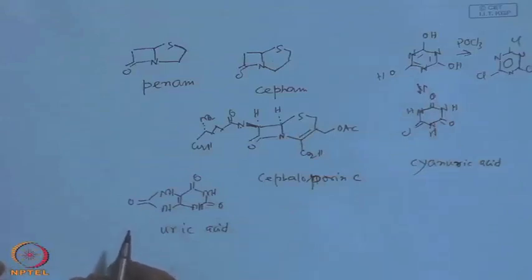Then, one more important class of molecules that I will write. This is a molecule again. What you see here, the way I write is two benzene nuclei, that means a biphenyl system.